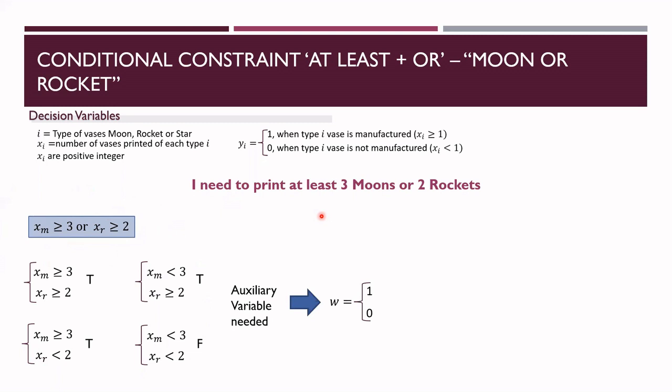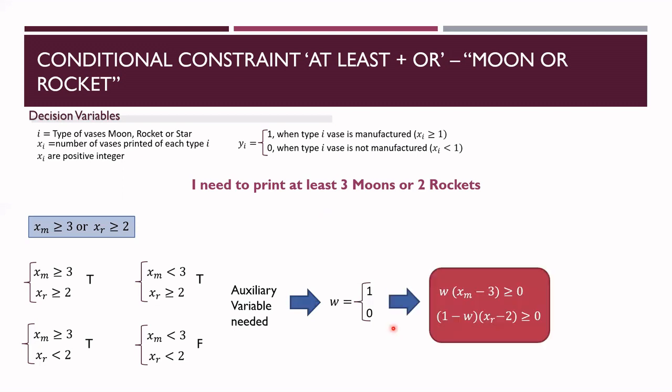It's just a tool for us to be able to model this conditional constraint. And what I will do is that it will be connected to each of those equations, by w multiplied by one equation, and 1 minus w multiplied by the other equation.